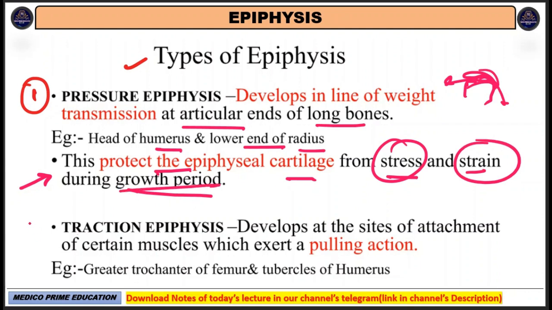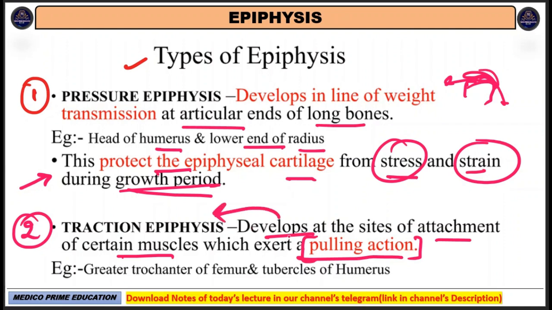Next type is traction epiphysis. It develops at the site of attachment of certain muscles which exert a pulling action. We have already told you that this pulling action promotes the development of the traction epiphysis. It develops at the site of attachment of certain muscles, like the greater trochanter of the femur and the tubercle of the humerus.